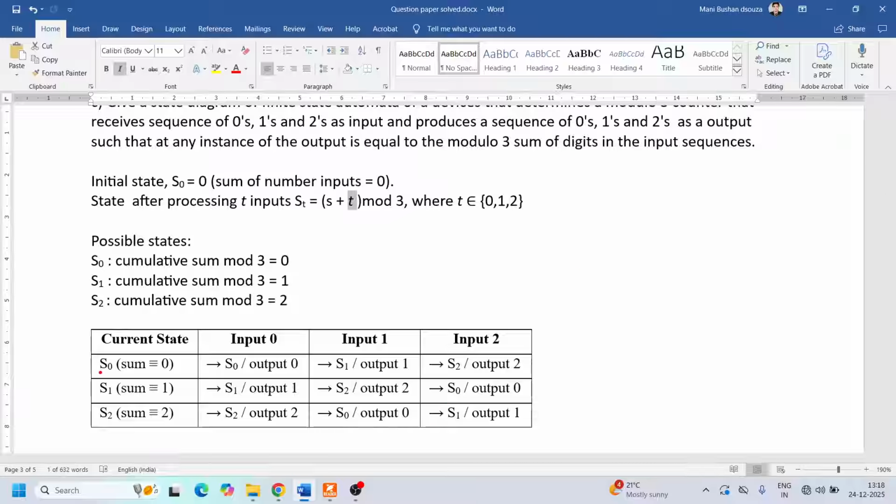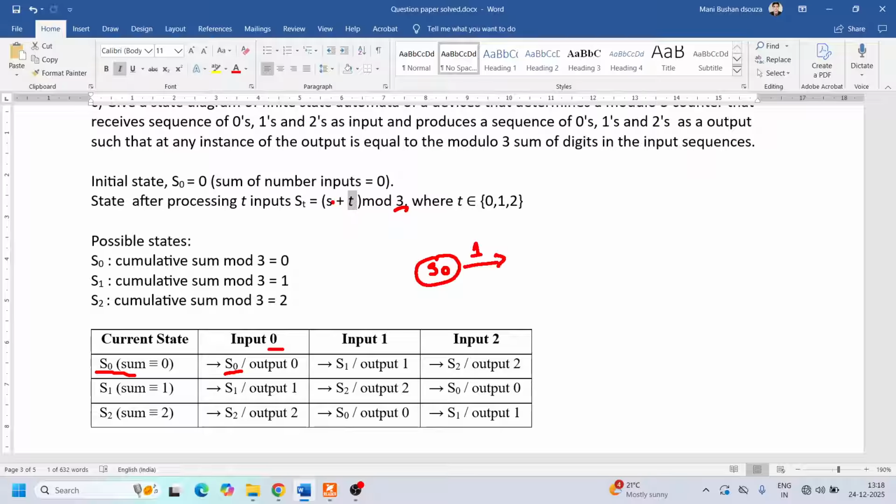So if the current state is S0 and you give the first input as 0, that means you stay in the current state. Sum is 0, you give 0 as the input, it is not going to change its state, so you are still in the S0 state itself. Suppose you are in the S0 state and you give 1 as the input.